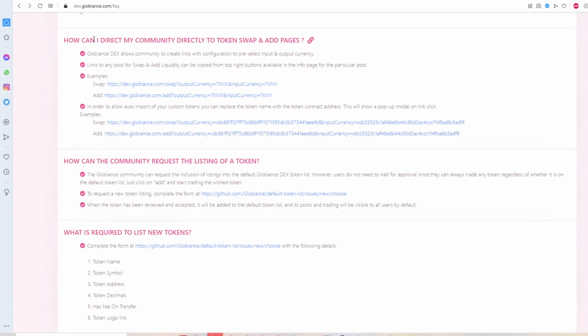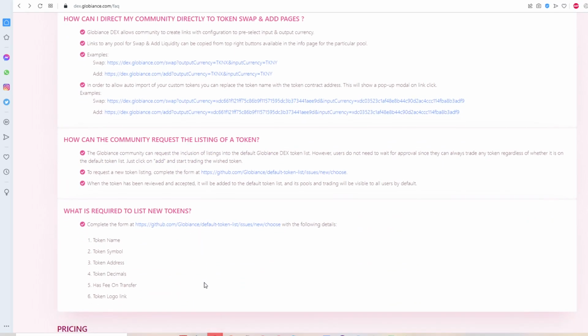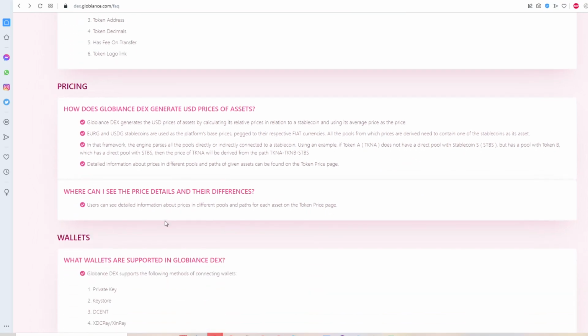You can also see in the FAQ how to add custom tokens and what is required for new tokens, etc.